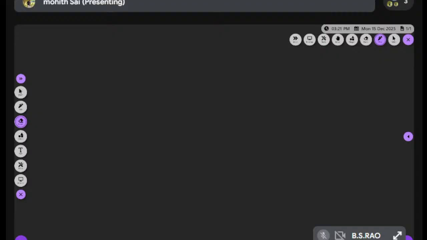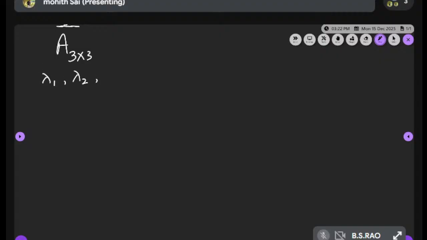So we discuss next the modal matrix and spectral matrix. Listen carefully. Suppose capital A is a matrix of order 3 by 3. Now, it is having eigenvalues lambda 1, lambda 2, lambda 3, since it is 3 by 3, 3 eigenvalues.